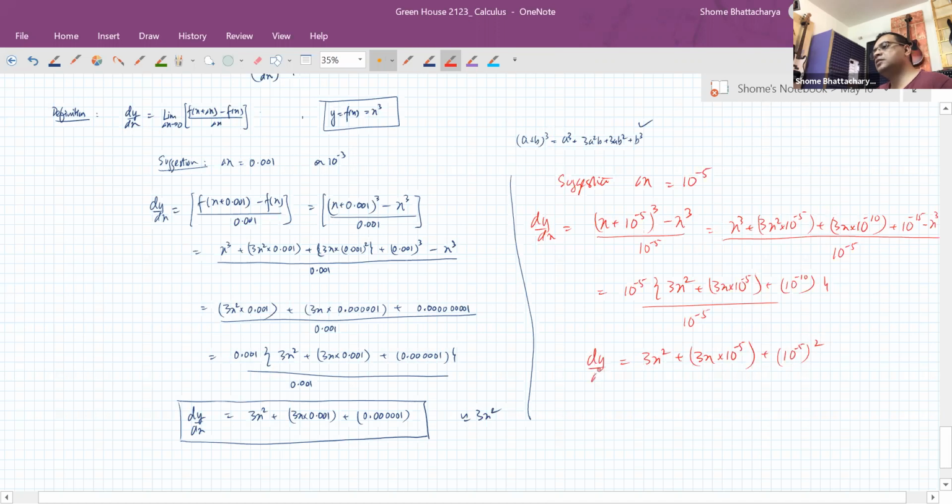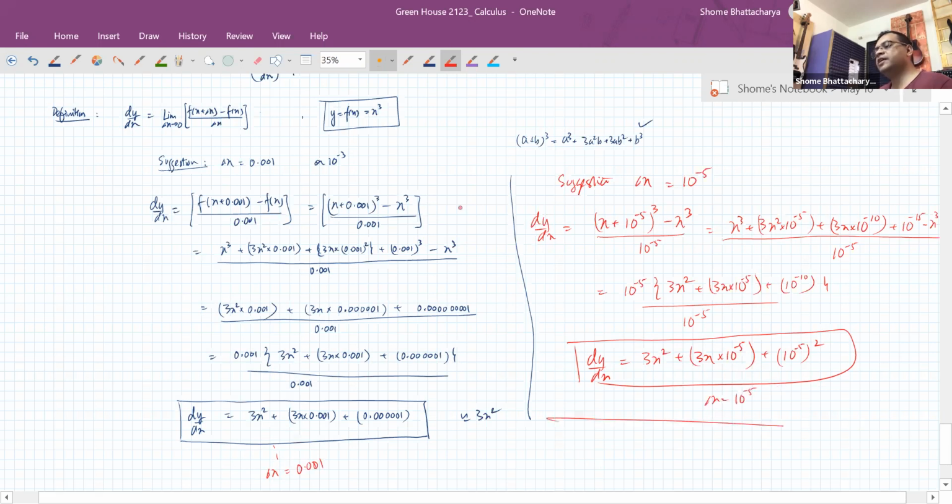So you notice a pattern. Here I've taken delta x as 0.01, 0.001, and I'm getting this. Here I've taken delta x as 10 raised to minus 5.